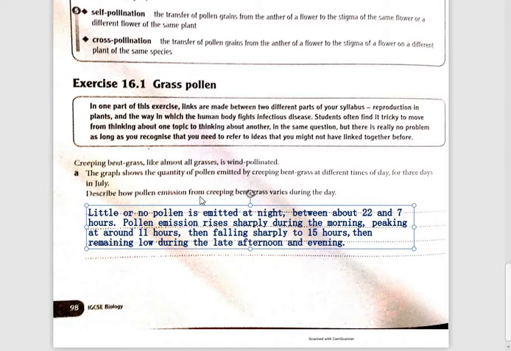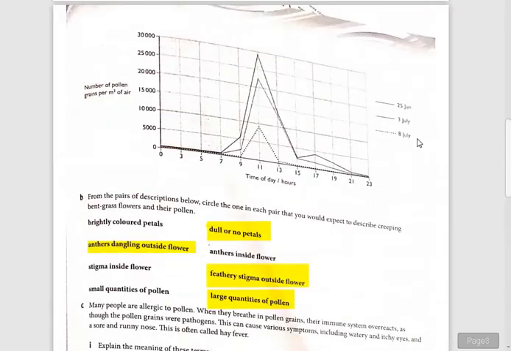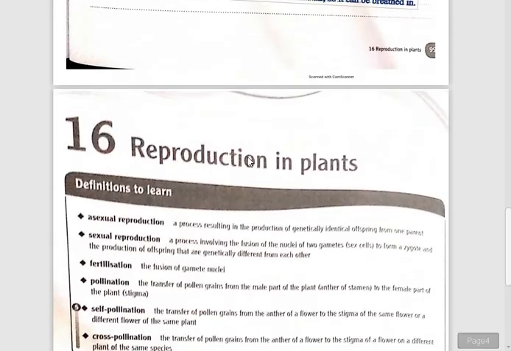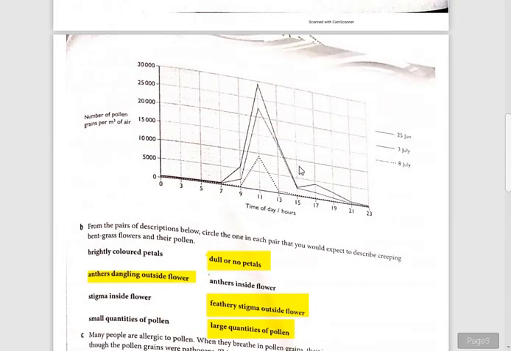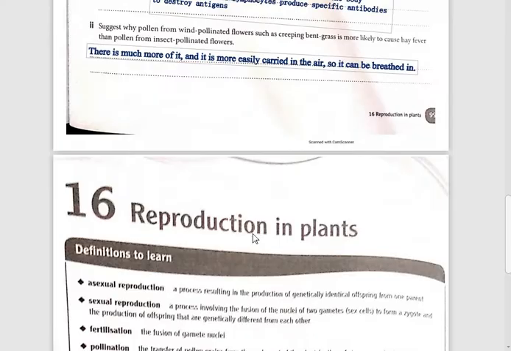The question is asking about 3 days, meaning they're referring to 8 July, 3rd July, and 25th of June. So you need to describe the pollen emission overall from this outlook mainly.